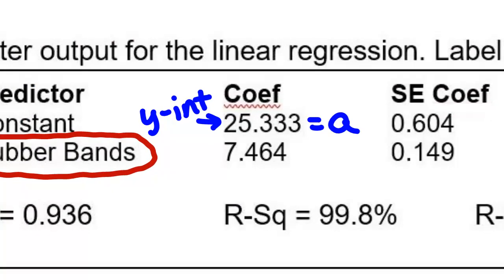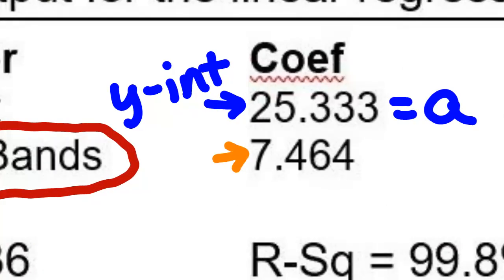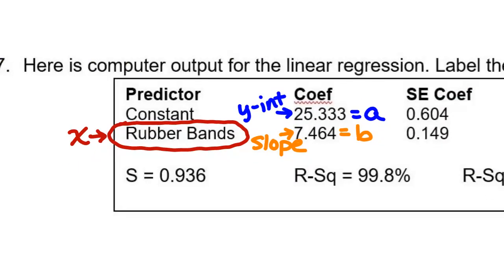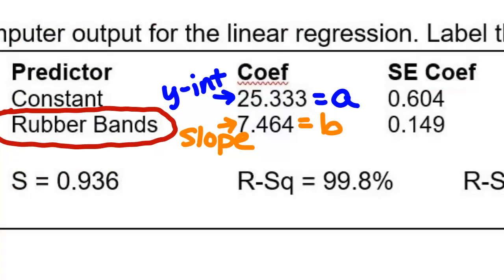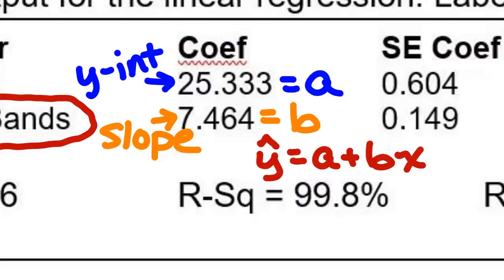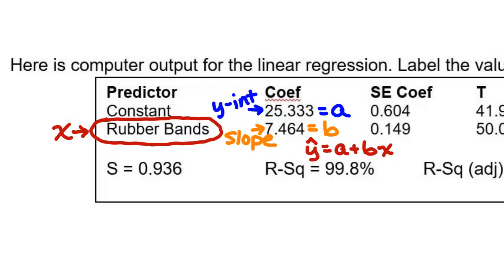Next to my x variable, that coefficient is my slope. This is b. We have y hat equals a plus bx. That is the form that we will write our equations in.